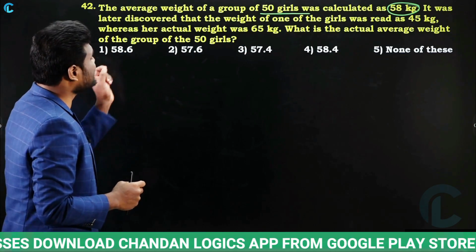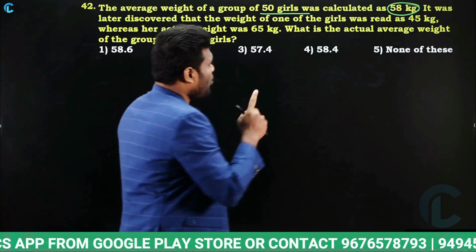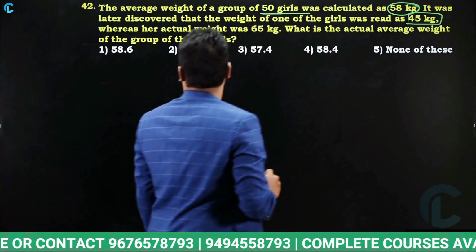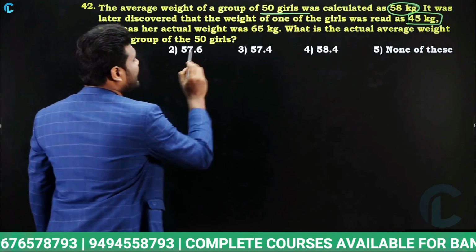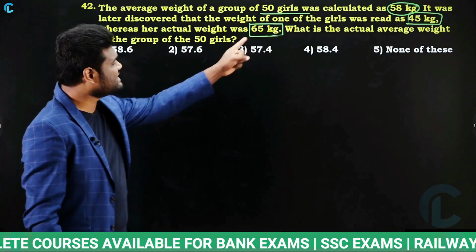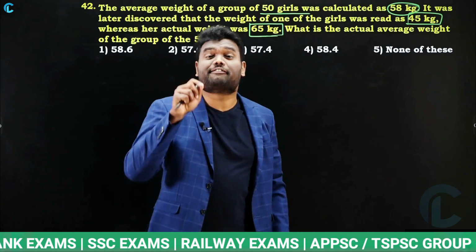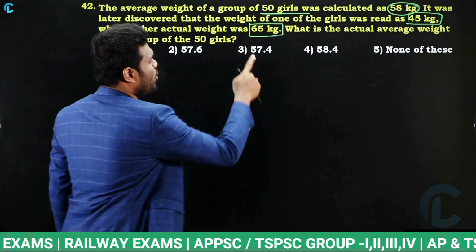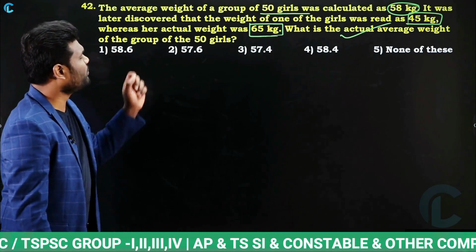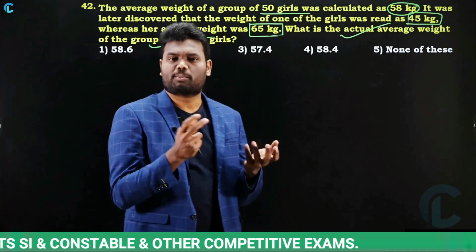It was later discovered that the weight of one of the girls was read as 45 kg whereas her actual weight was 65 kg. Actually, the girl's weight is 65 kg, but they have noted it as 45 kg. Now your question is, what is the actual average weight of the group of 50 girls? Actual average weight or correct average, both are the same.